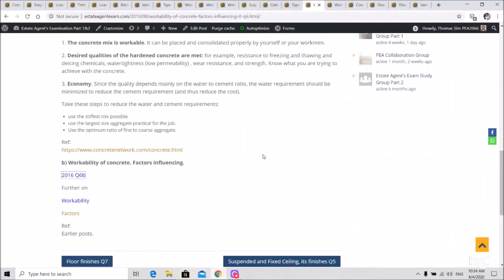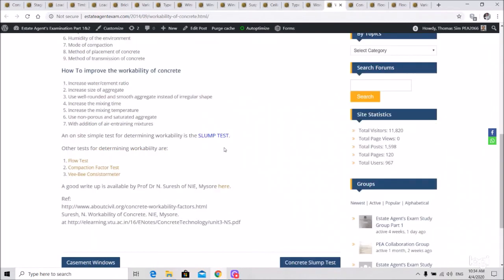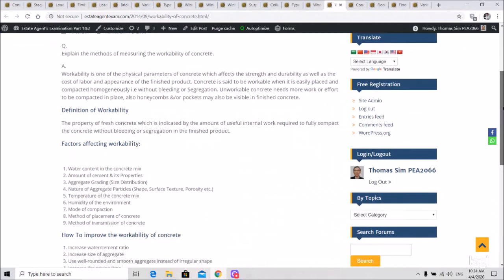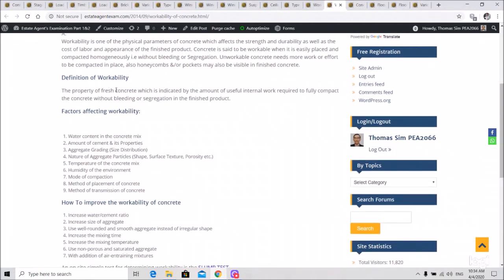It asks about what workability is and the technology of how to measure workability. Workability in concrete, the definition is the property of fresh concrete, which is newly made. That means you mix the aggregates, water and cement together, and then you look at its workability, how easily it can be used. This can be measured by a few methods.